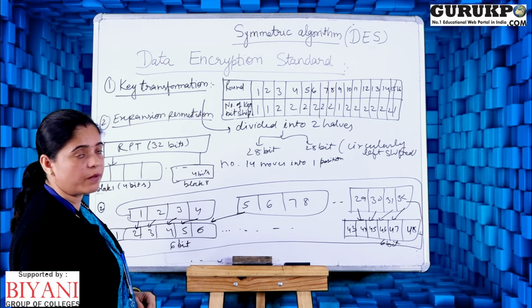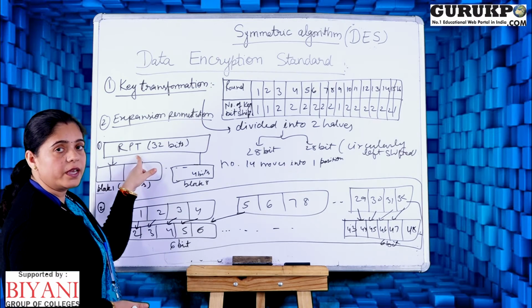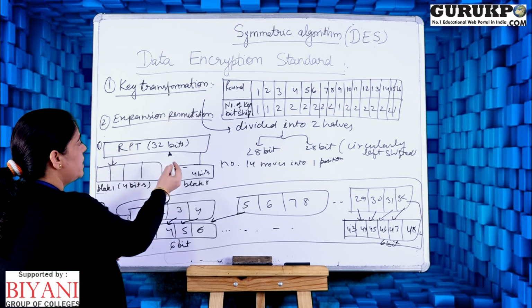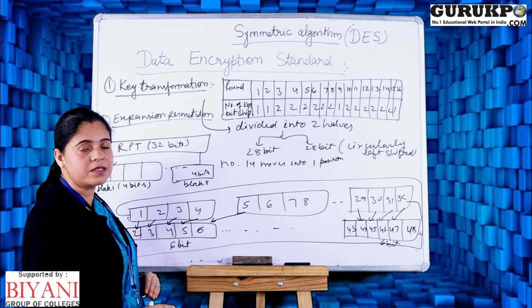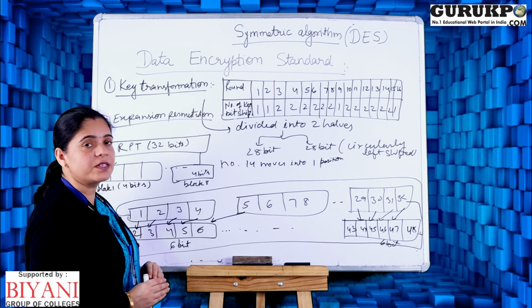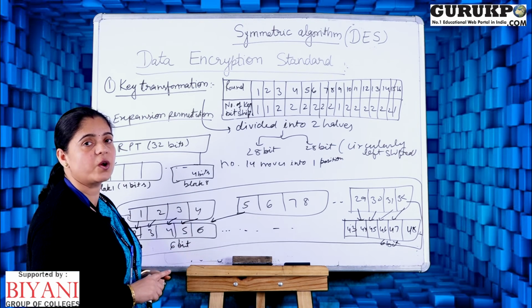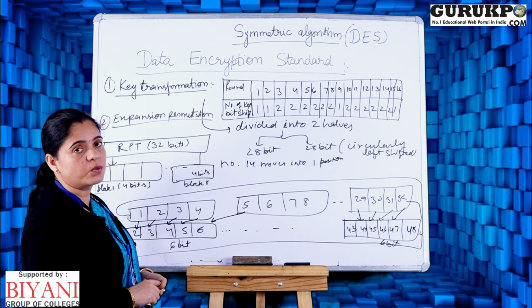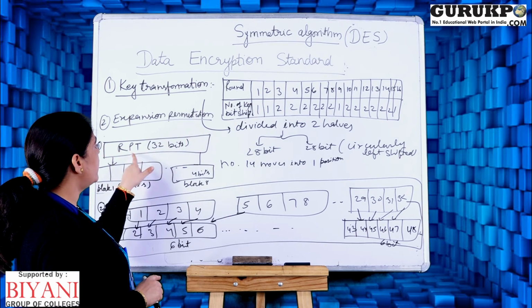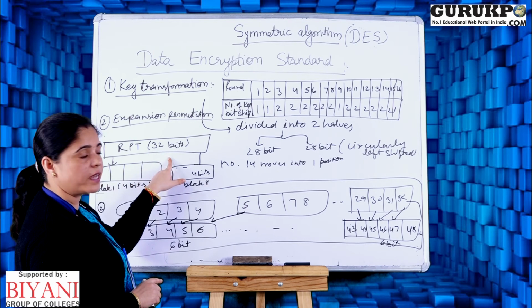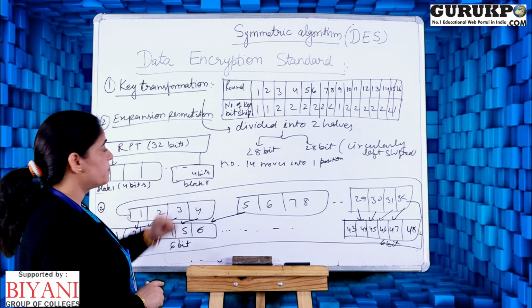And how will the step be performed? So here is the RPT, and all the rounds will be performed only on the RPT, meaning the right plain text. What is the use of the left plain text? In the last step we will see how the left plain text is also used in the 16 rounds. Initially the expansion permutation is performed on the right plain text, whose size is 32 bits.